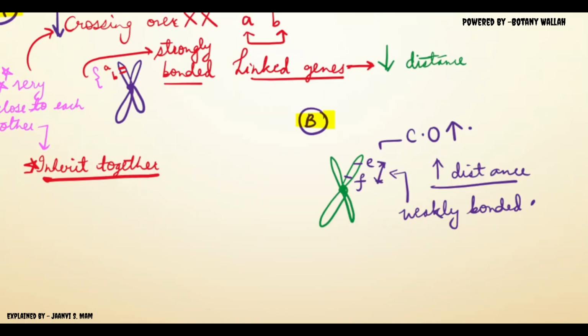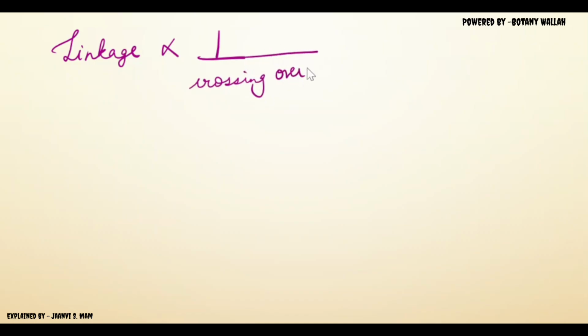I will formulate a simple formula for you. If the linkage is more, then crossing over will be least. So linkage is inversely related to crossing over.